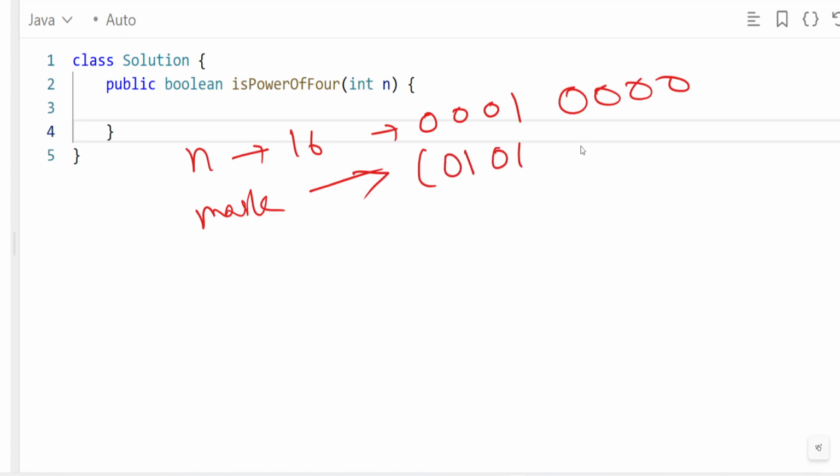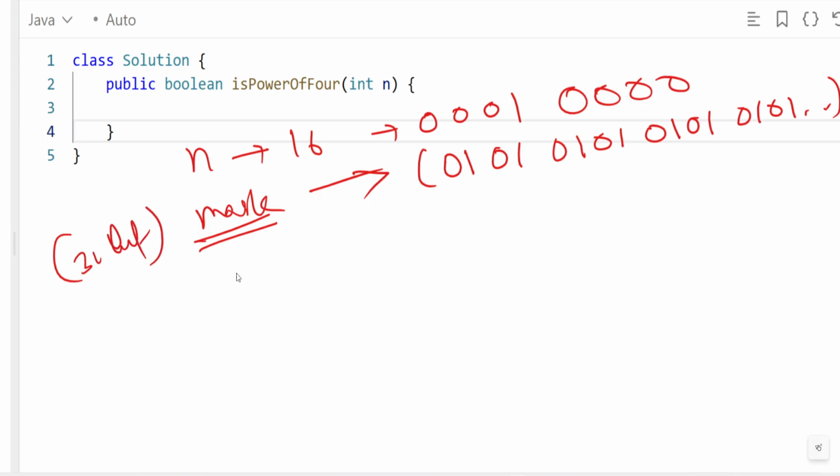For 32 bits, we go 0 1 0 1 two times, then two more times 0 1 0 1, and so on. Means we have to mask like this for 32 bits. You just need n AND mask.